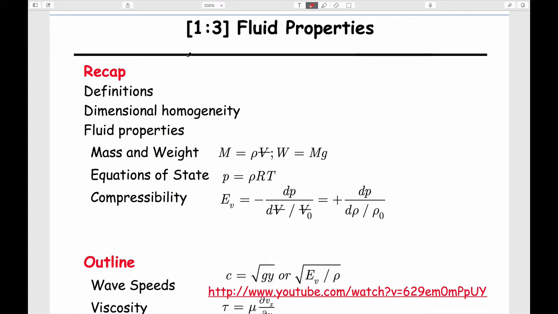So last time we went through this material here. We talked about definitions. We talked specifically about density, modulus, and viscosity in terms of three properties that define what fluids are.